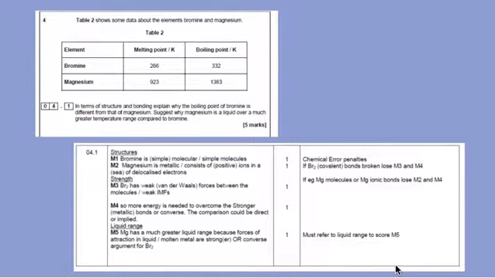So you need to refer to the forces within the liquid substances. The force of attraction in the molten metal must be stronger than the force of attraction in liquid bromine. That tripped an awful lot of people up. I marked an awful lot of these, and very, very few candidates managed to secure that mark.